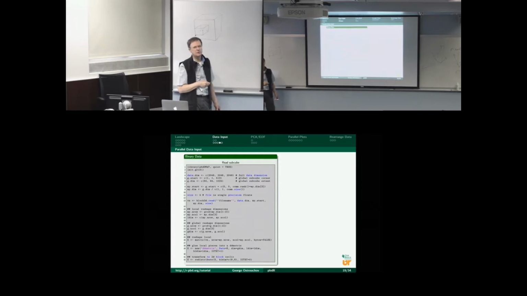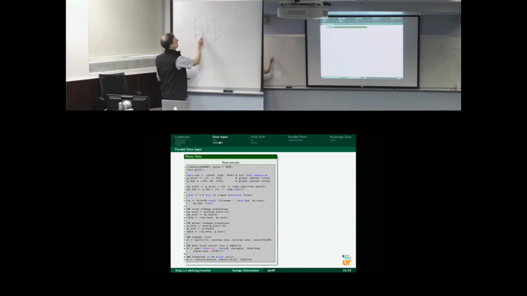And you use that information to determine how far you're going to read in this direction, in that direction, and in that direction from the origin.